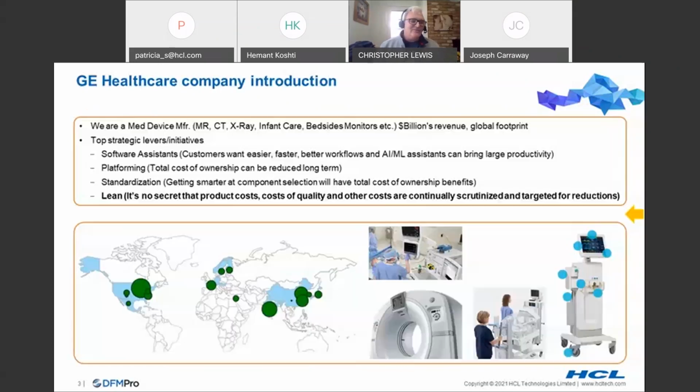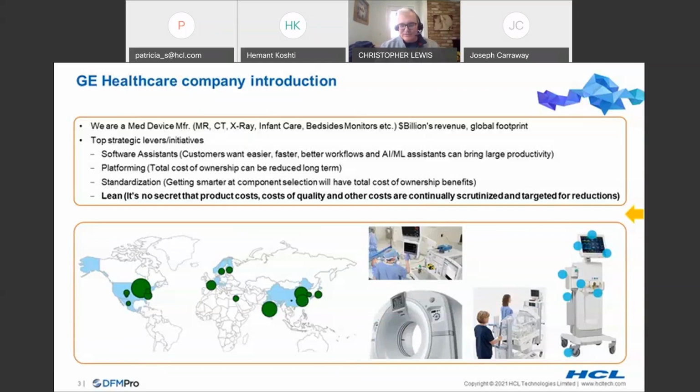But GE Healthcare, who are we? We obviously are a division of GE, like I said a minute ago. We make medical devices, specifically, we make devices that look inside you, MR machines, CT machines, X-ray machines, ultrasound machines.